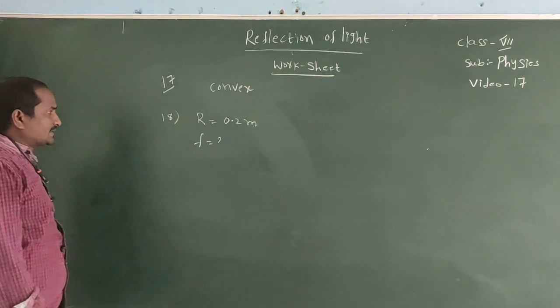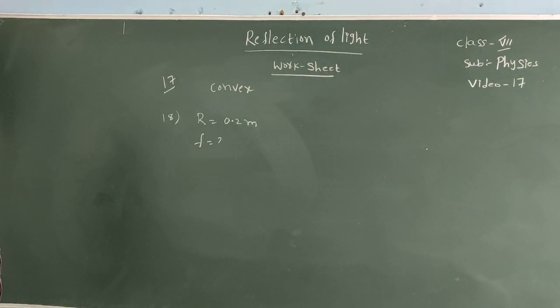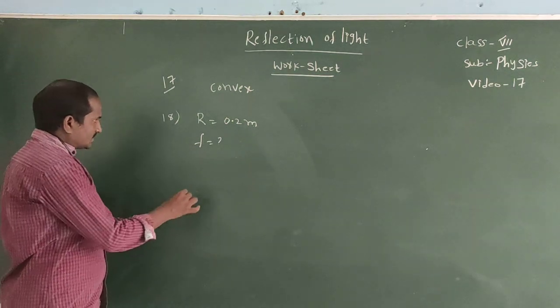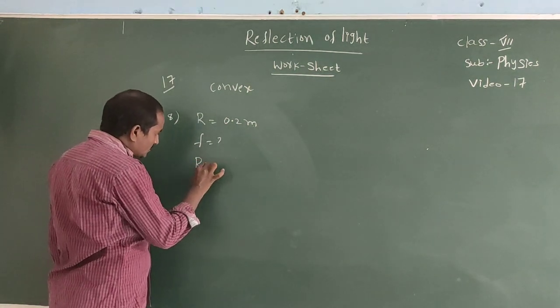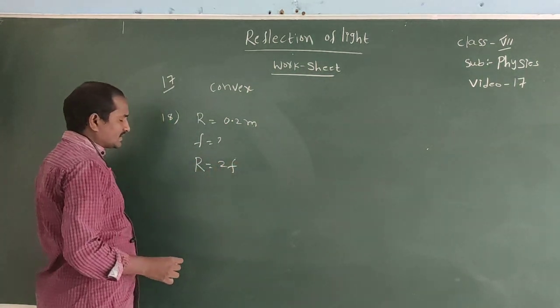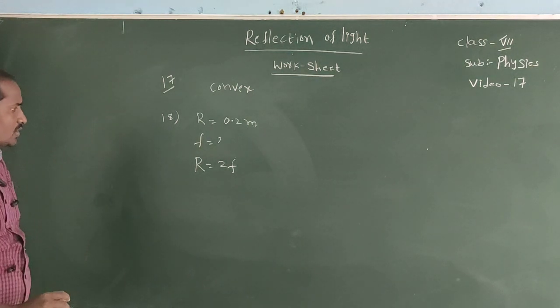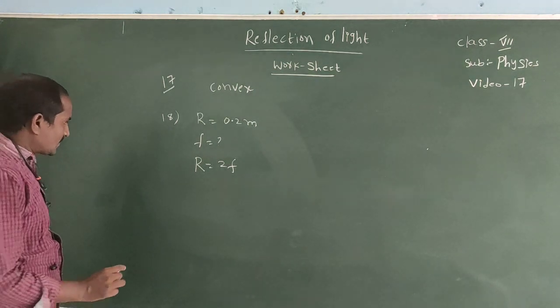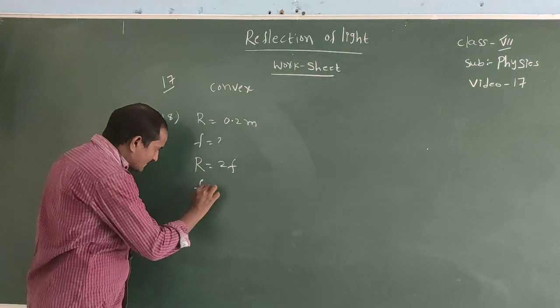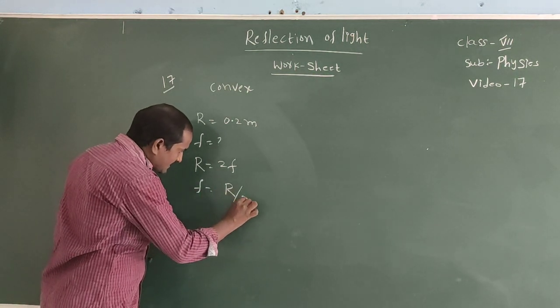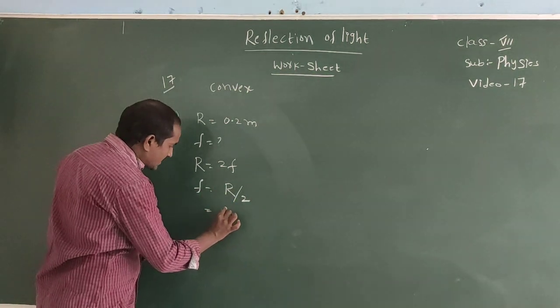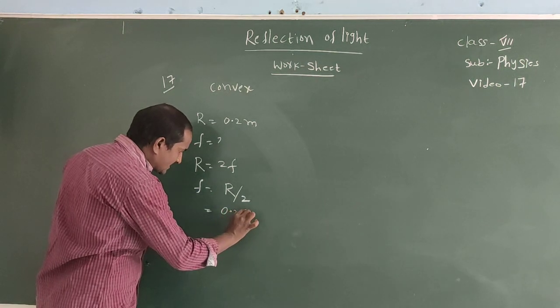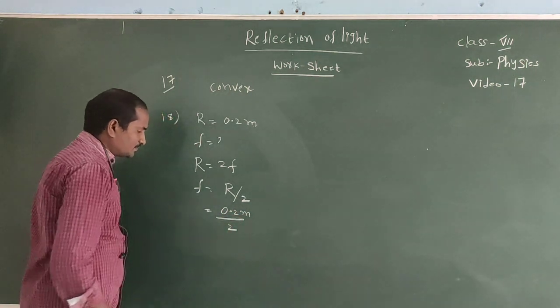What is the relation between focal length and radius of curvature? R equal to 2f. Radius of curvature equals 2 times the focal length. Therefore, focal length f equal to R by 2. So R equal to 0.2 meters by 2.